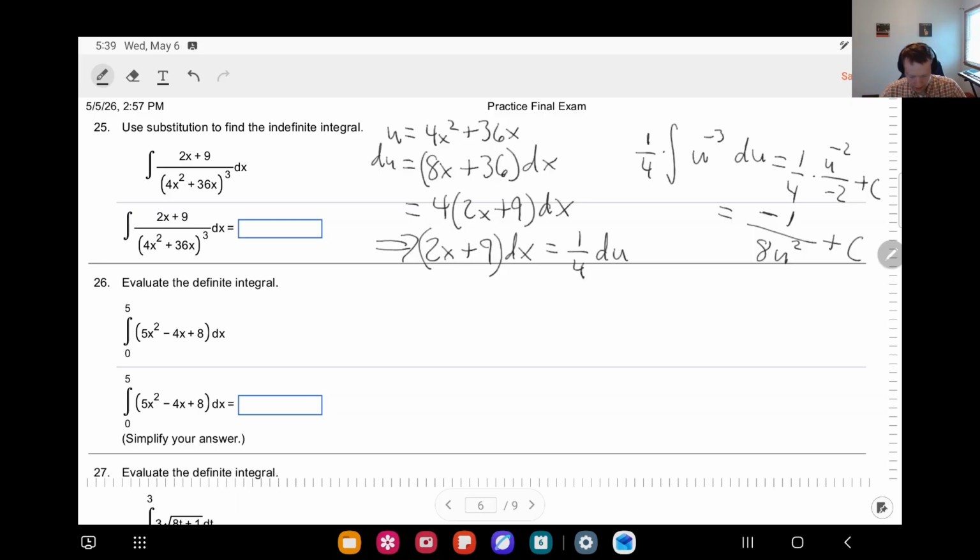Then at the very end, now that we're at this point, I want to be back in terms of my original variable, x. So I replace u with 4x squared plus 36x. So 4x squared plus 36x, all that squared, plus c. And yep, that's the right answer.